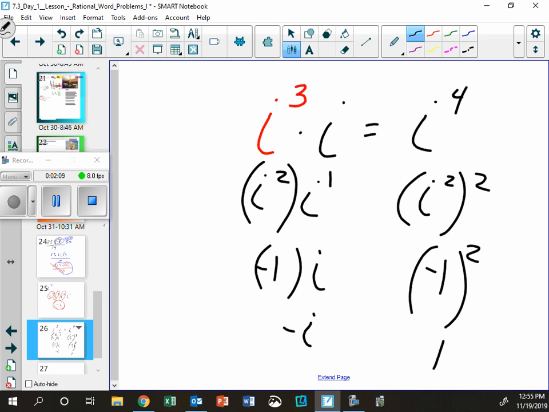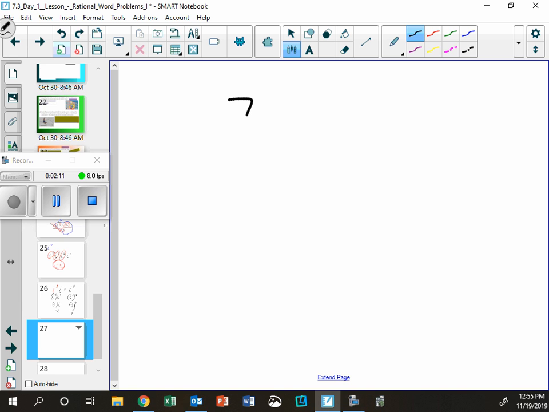So if I say i to the 714th power, all I can tell you for sure is that it's a whole bunch of i squareds, and those are all negative ones. And is it an even number of i squareds? Yeah. Okay, and that means they're all going to cancel, as in there's no more negatives left.